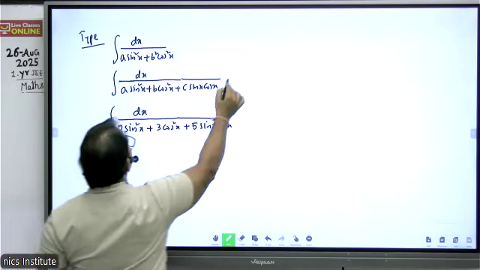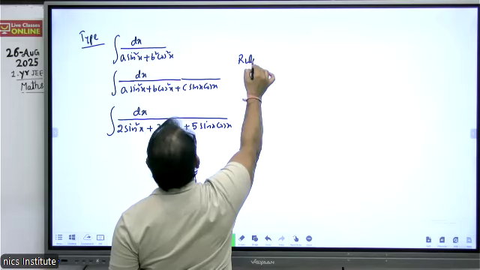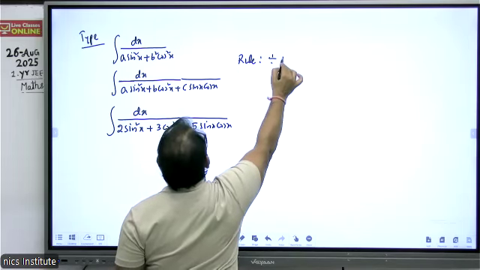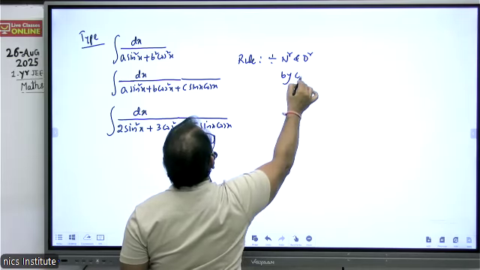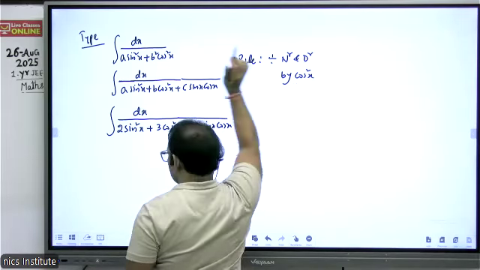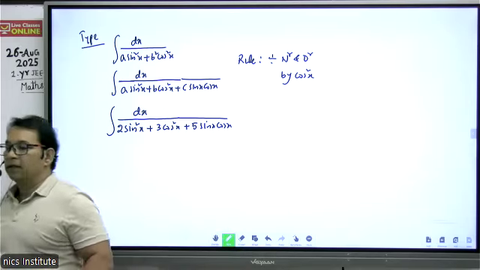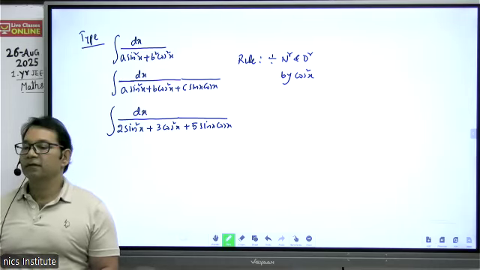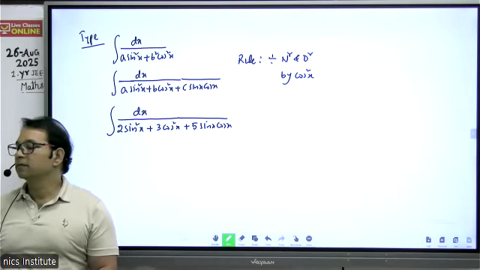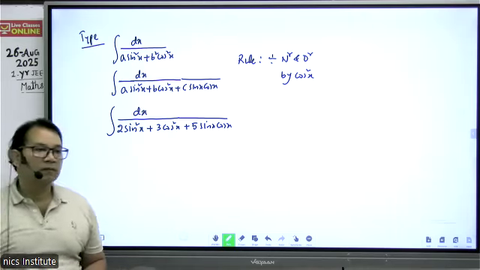The rule is simple. Divide numerator and denominator by cos square x. Divide the numerator and denominator by cos square x. Do it.